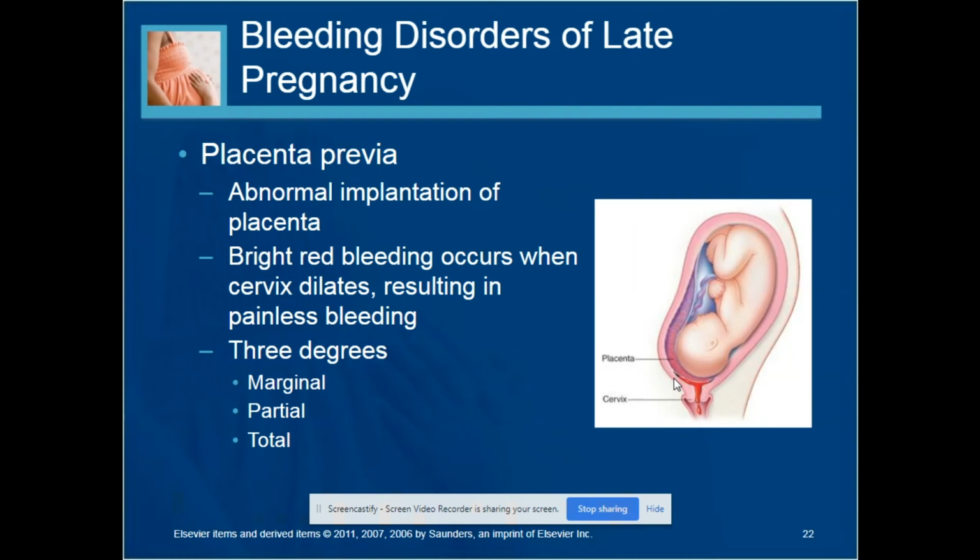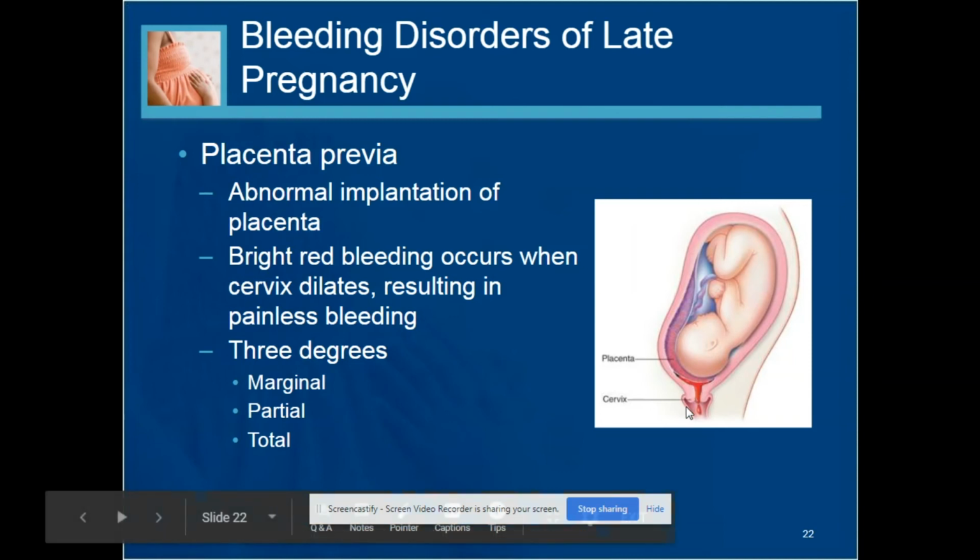Bright red bleeding occurs when the cervix dilates and results in painless bleeding. So, it's 39 weeks and your patient thinks that they're going into labor. They can feel the contractions and they start to dilate. This baby cannot come through the placenta.